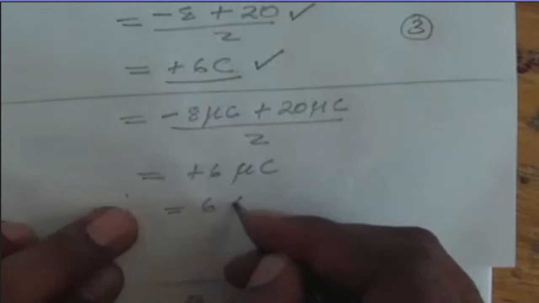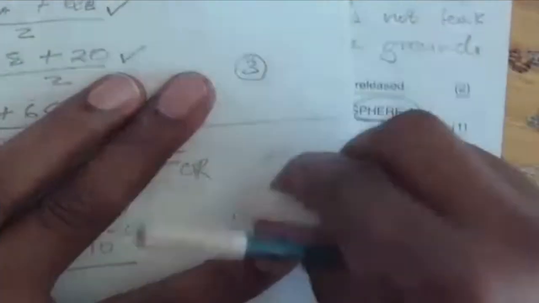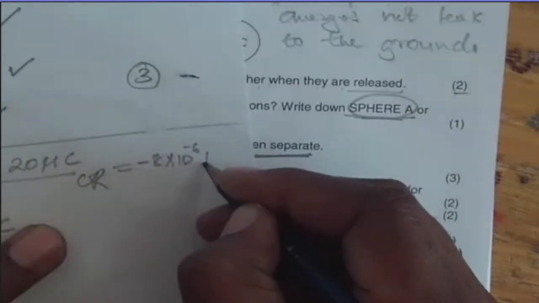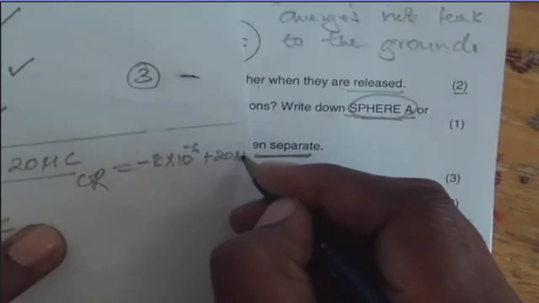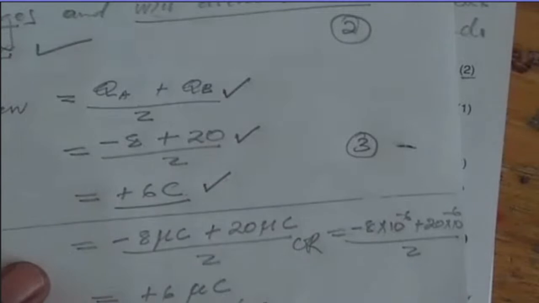Therefore, you can say that is 6 multiplied by 10 to the power -6, that will be microcoulomb. Or you can just strictly change it to -8 by 10 to the power -6 plus 20 by 10 to the power -6, and divide it by 2. Even if you write it this way, you can change the last part if you want.